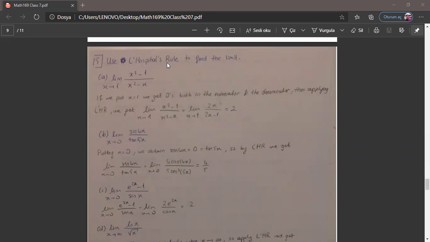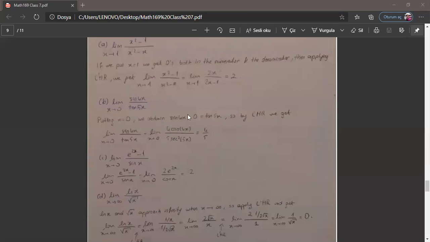So you can apply this rule. What do you do? You find the derivatives of both numerator and denominator and take the limit again. The derivative of the numerator is 2x, and of the denominator, 2x minus 1. If you put 1, you get 2 here, and 2 minus 1, which is 1, so you get 2 as the limit.